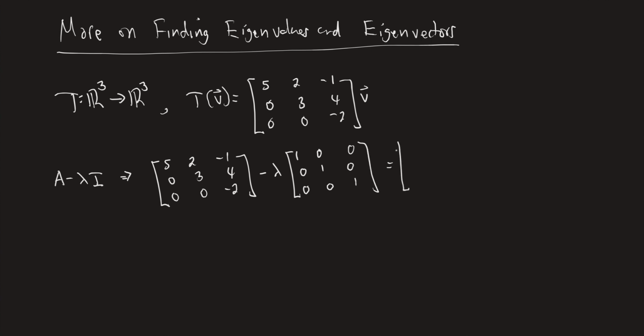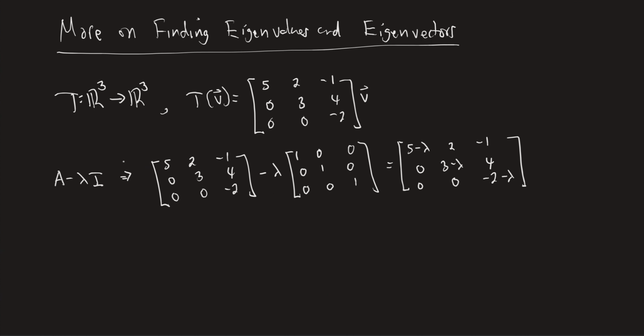Regardless of the dimension of our operator, when you do A minus lambda I, all you end up doing is subtracting lambda from the elements on the main diagonal. So I'm going to have 5 minus lambda, 2, -1, and then 0, 3 minus lambda, 4, and then 0, 0, -2 minus lambda.